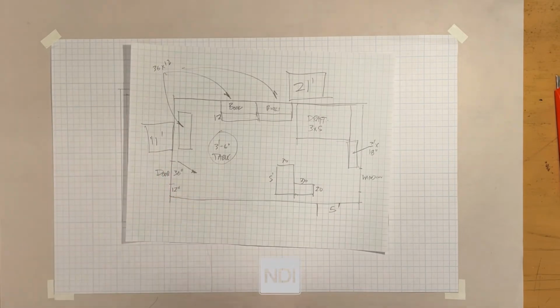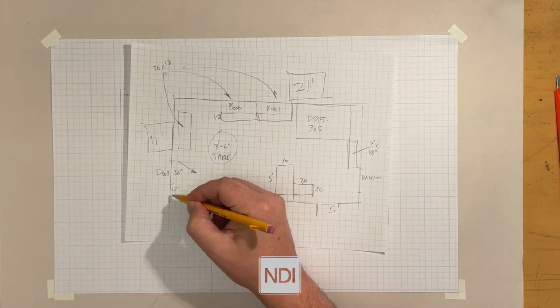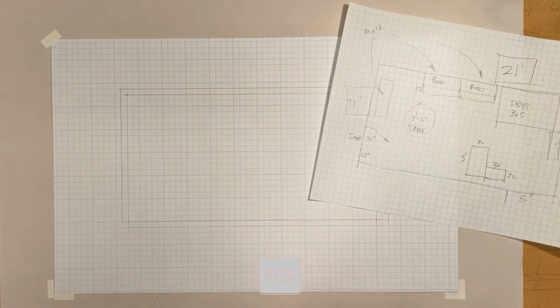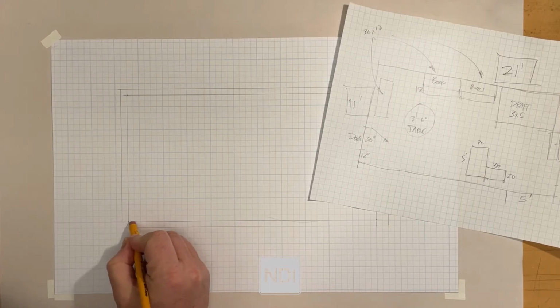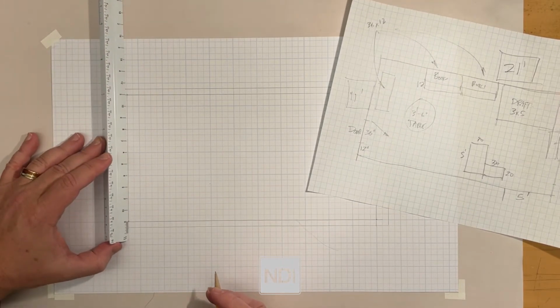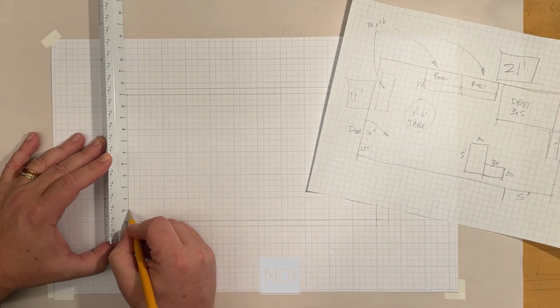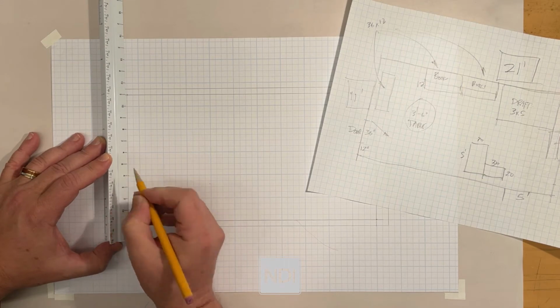If we go back to the sketch, we have a 3-foot wide door that's 12 inches from this corner. And that's measured from the inside, obviously, corner. So we're going to go 12 inches, and then 1, 2, 3 feet.